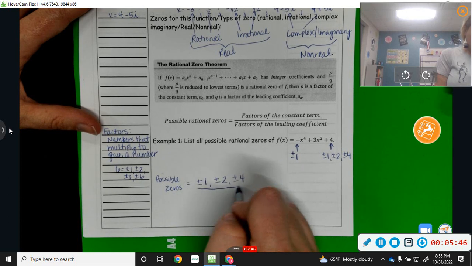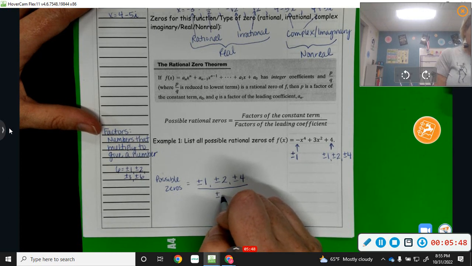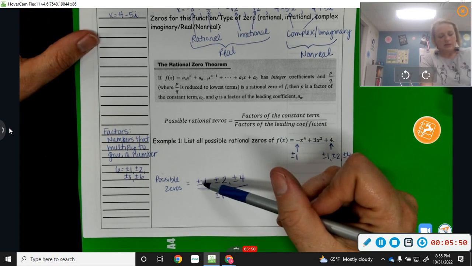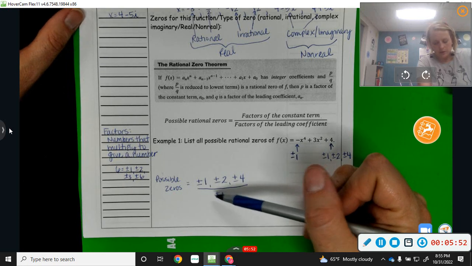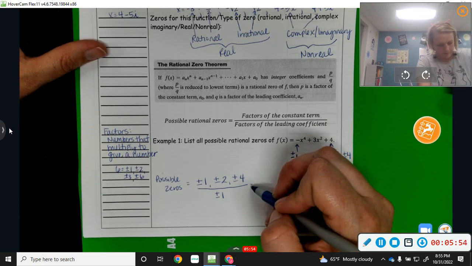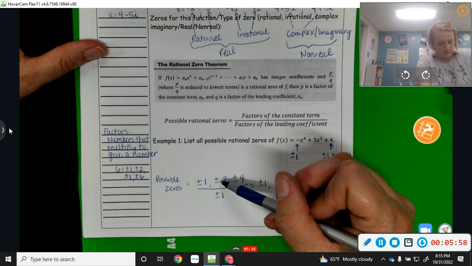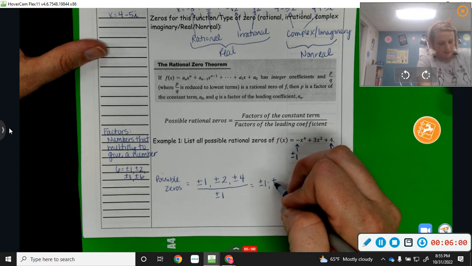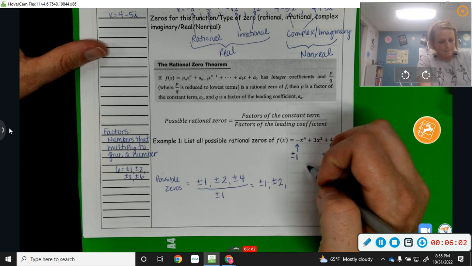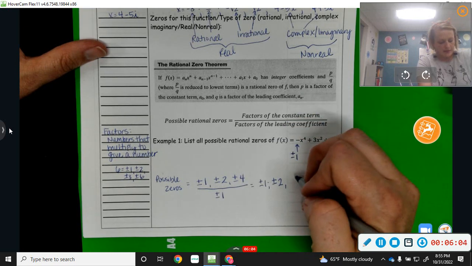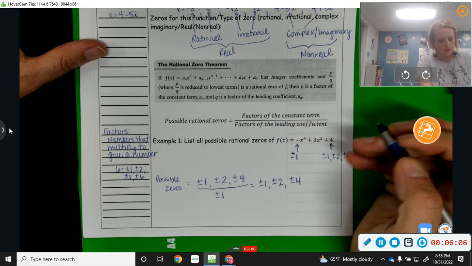So the possible zeros, I'm going to take any combination of these. Okay, so if I take positive negative 1, I divide it by a positive negative 1, I'll still get a positive negative 1. If I take positive negative 2 divided by positive negative 1, I get positive negative 2. And if I take this and divide it by that, I still get positive negative 4.